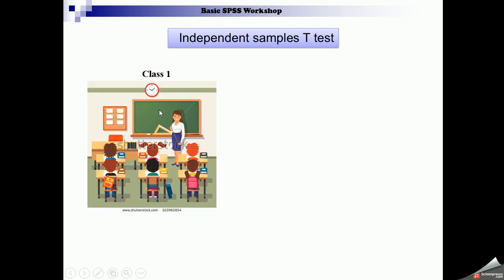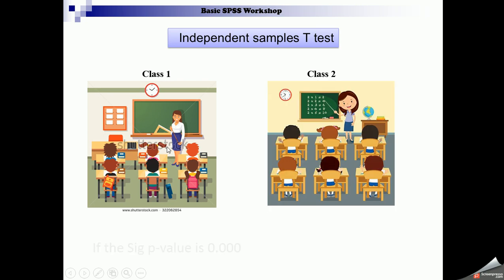Okay, this is the previous example that we had. We have the first class and the second class. We are checking if there are differences between the mean of this class and the mean of this class. In the first part, when we did the compare means, we also compared the two groups, but without checking if there are differences between them.